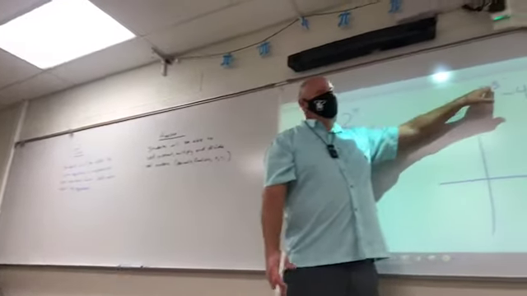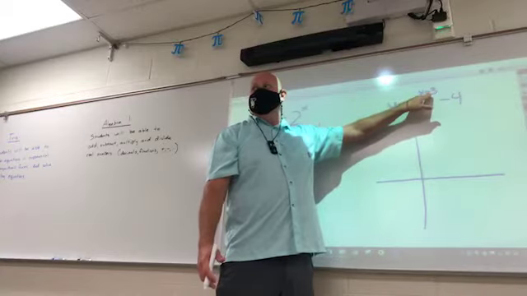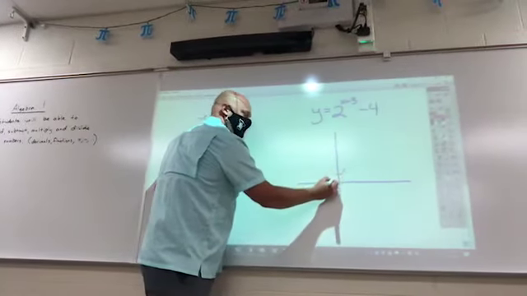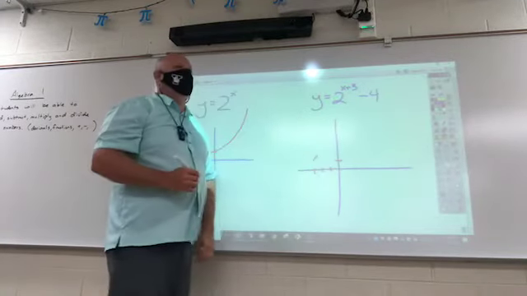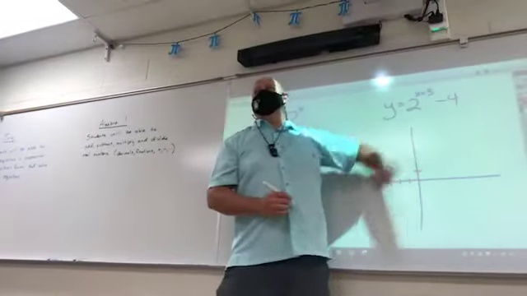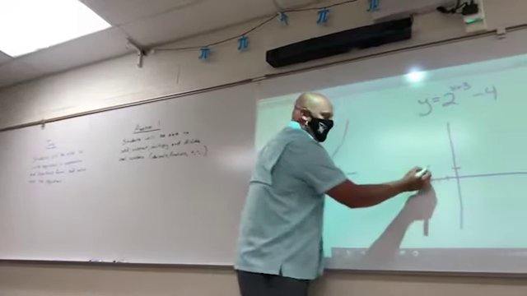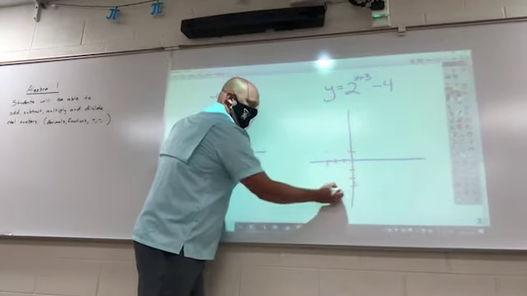What's that plus 3 going to do? Left 3. So that point, 0, 1, isn't there anymore. It's over here, right? But also, what's that minus 4 going to do to everything? Move everything down 4. So this point isn't here, it's actually here.